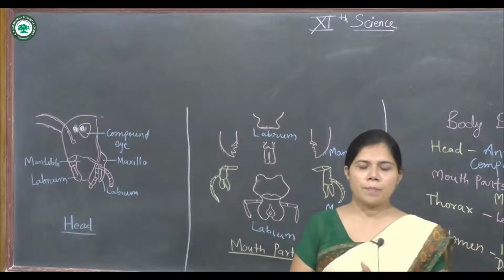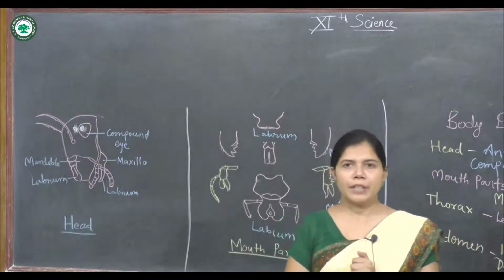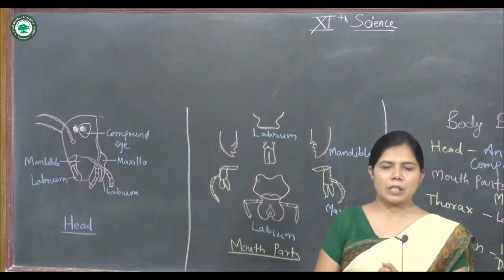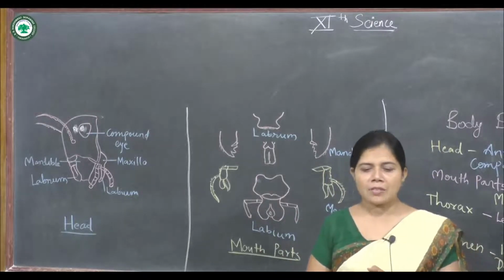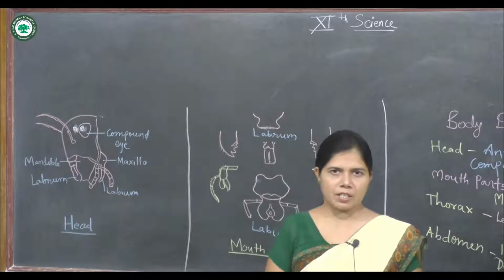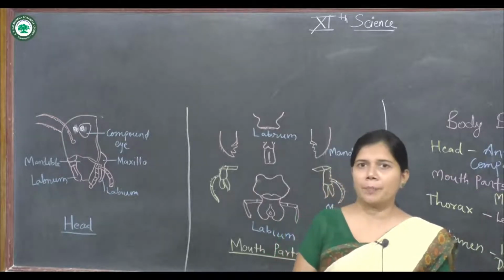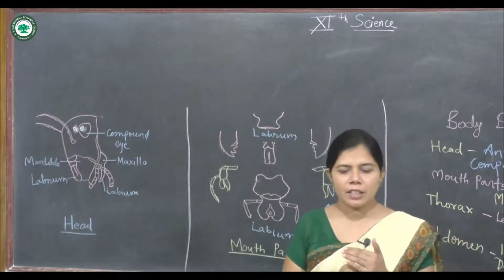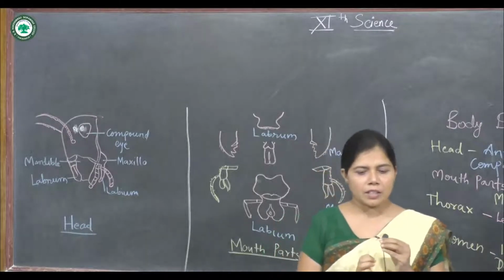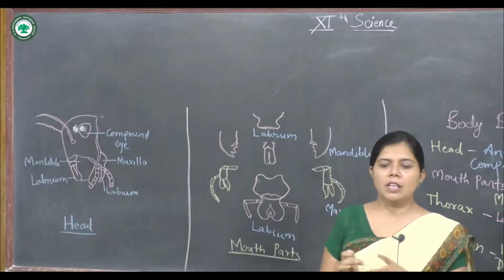It is bounded by the chewing and biting type of mouth parts. The mouth parts are movable, segmented appendages, and each assists in the ingestion of food.